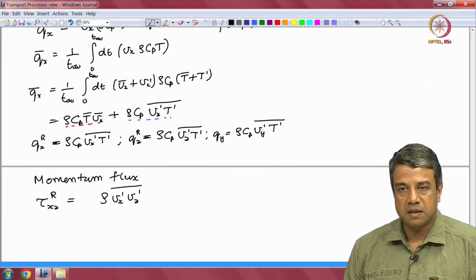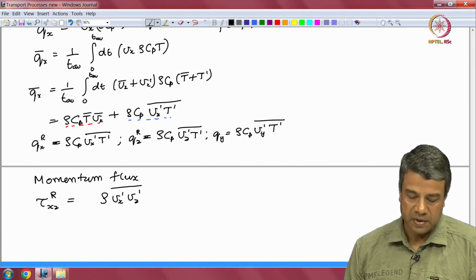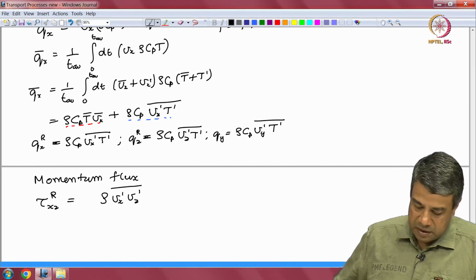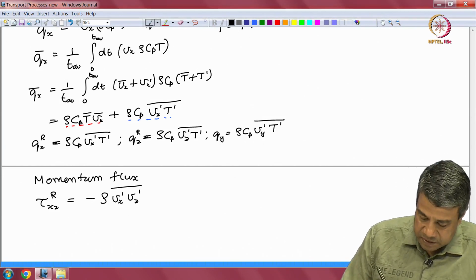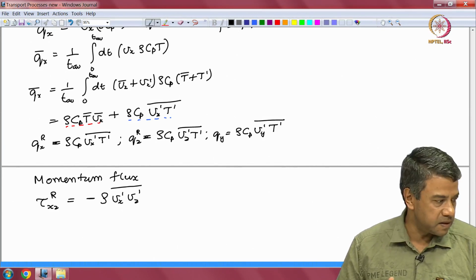In contrast, the fluxes q z and j z are positive if they increase the mass or heat in the volume above. Because of that, the definition of Reynolds stress has a negative sign in it. So, this is the expression for the Reynolds stress.